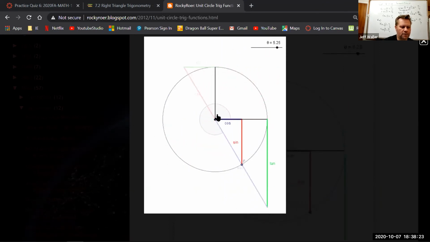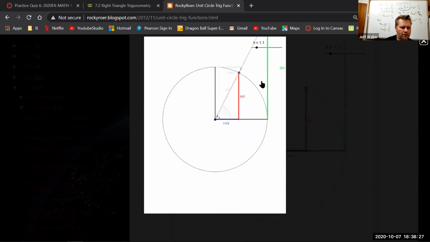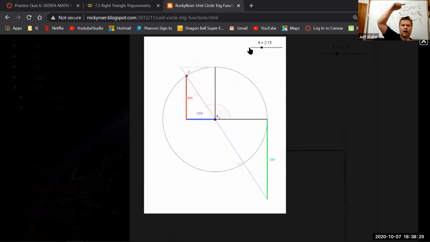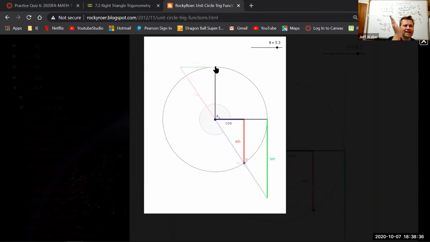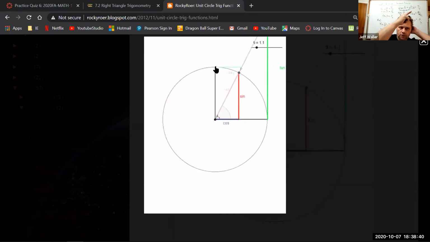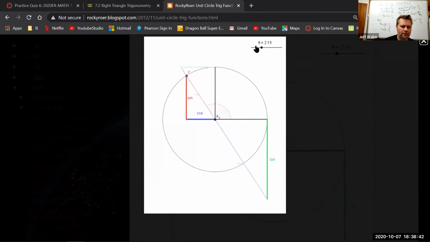If it's got a little bit of an angle to it, it will eventually move over and intersect this green line, won't it? And that would be the height of the tangent. But as it gets closer to 90, right when it's at 90, it's never going to go over there. So when does it intersect that green line? At infinity, which is basically saying never.